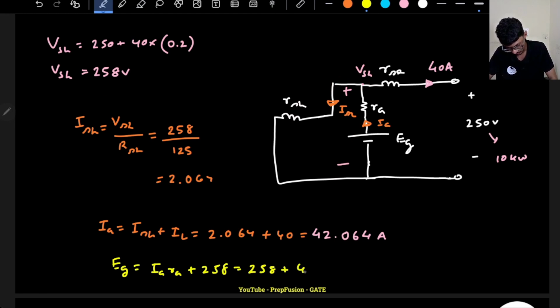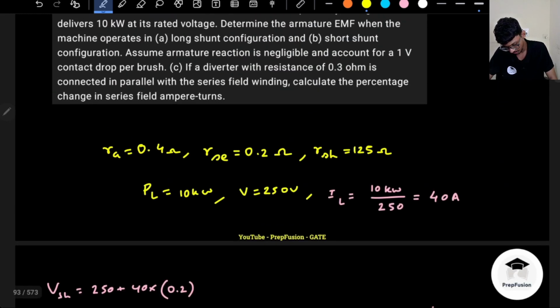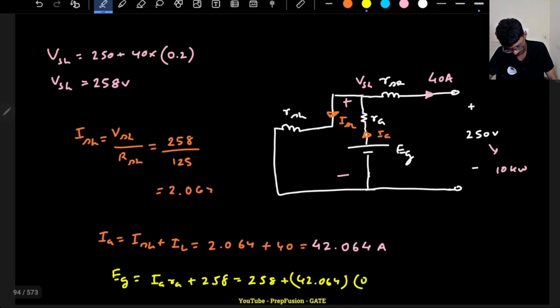IA is 42.064 into the resistance, 0.4, plus 40 into 0.4, this is 16, plus 258, so it is 274.82 volts.